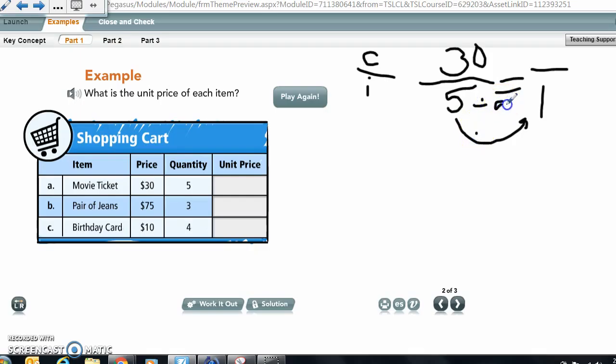So 5 divided by 5 is 1. And 30 divided by 5 is what? 5 times what number is 30? Well, I know that 5 times 6 is 30. So I know that a movie ticket is $6 for 1 ticket.